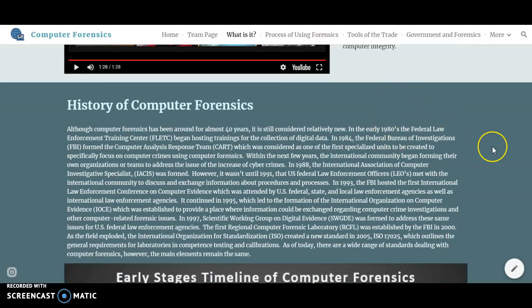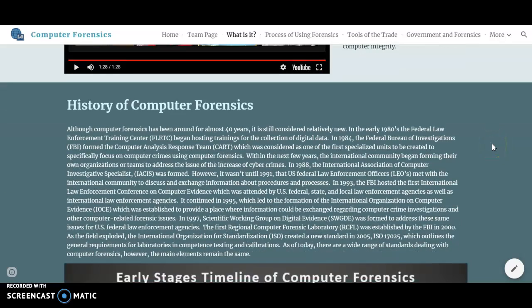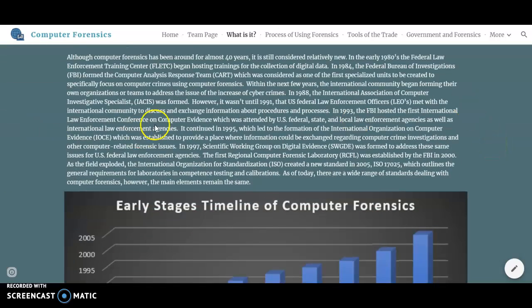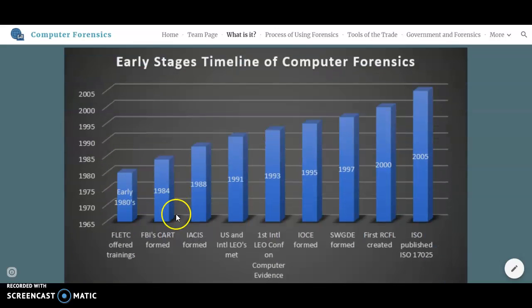So my second portion of my page was the history of computer forensics, which goes into just a brief timeline on their early stages. The Federal Law Enforcement Training Center first began offering trainings on the collection of digital evidence back in the 1980s.